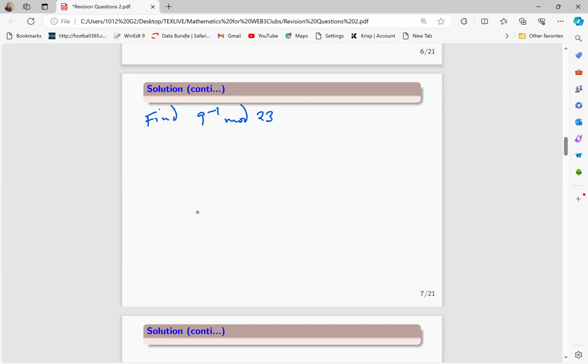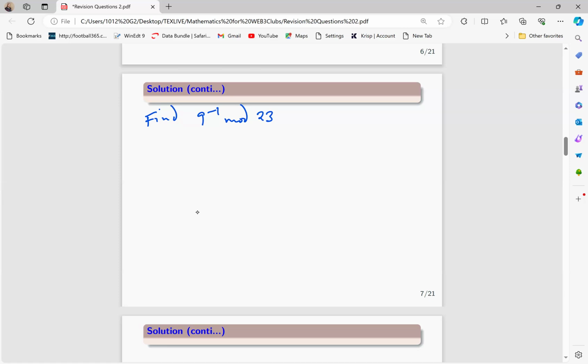The inverse of 9 mod 23. We agree that 9 would have an inverse. So we're going to find the inverse.